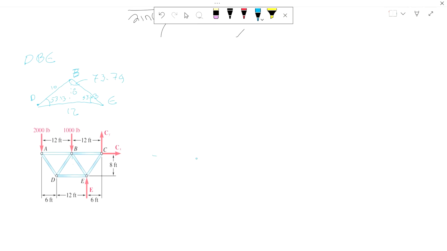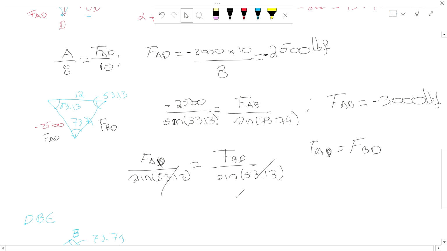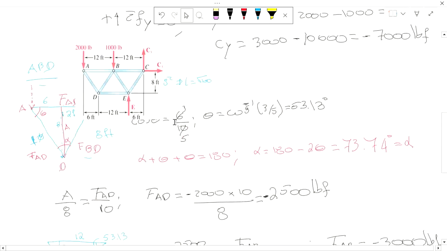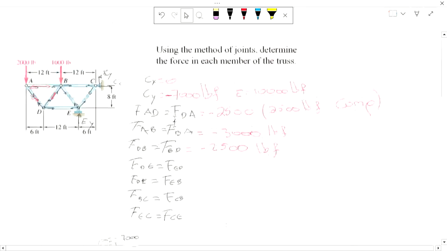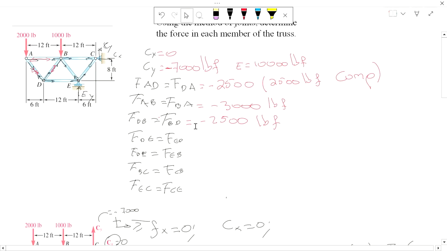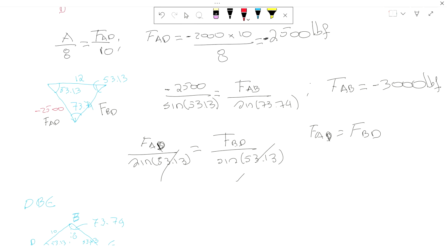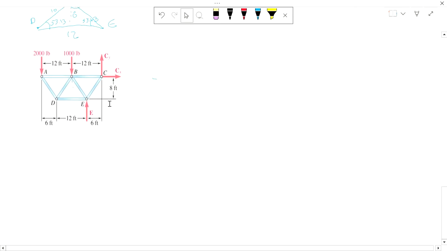So with that, we have D to B. And D to B was, let's grab the right one, D to B. Yeah, I thought we had D to B. Yes, it's negative 2500. This is D. And this is D. Negative 2500.